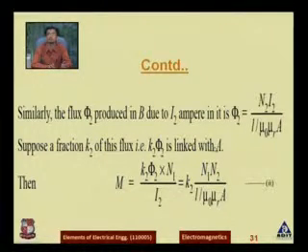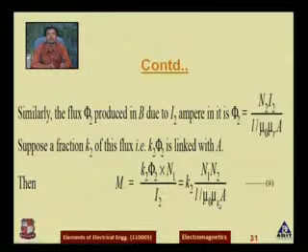So what will happen? The mutual inductance M will be K2 Phi 2 into N1 divided by I2. Let us rearrange again. So M is equal to K2 into N1 N2 divided by reluctance.